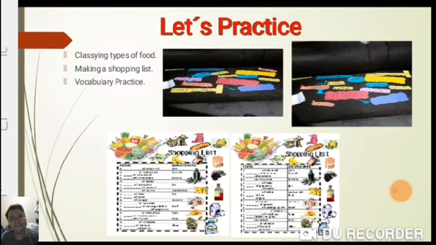Then we have the time to practice. In this case, I would bring some materials like the ones that appear in the presentation stage.